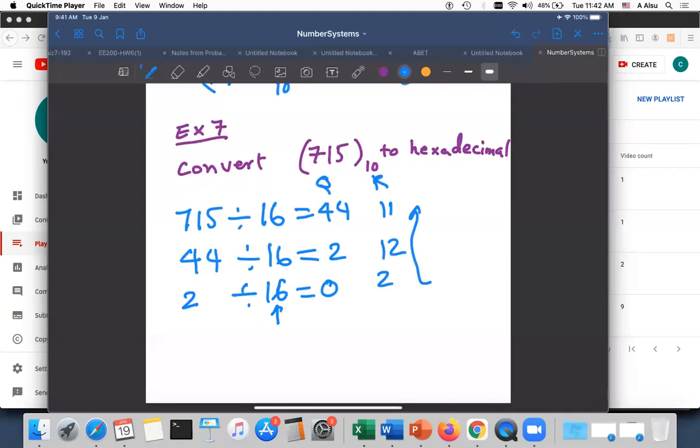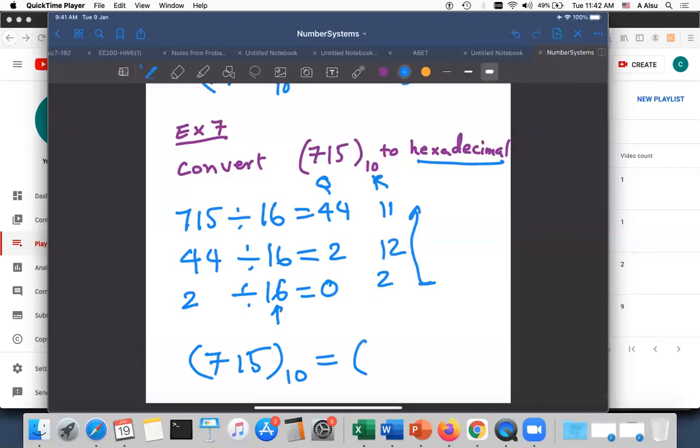Here we are converting to hexadecimal. What is the base of hexadecimal? It's 16, so we keep dividing by 16. You get it now? Okay, so we collect the digits this way. So the number 715 is what?